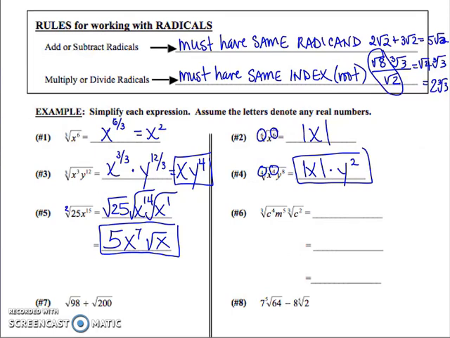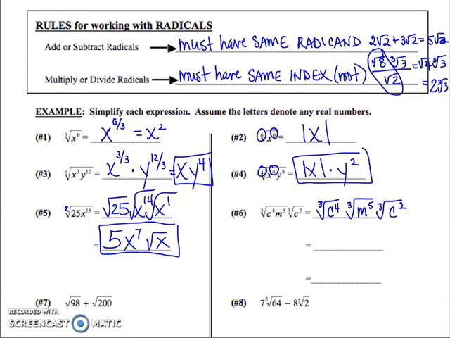So I'm going to say, okay, I've got the cube root of c to the 4th, I've got the cube root of m to the 5th, and I've got the cube root of c squared. So I can combine those c's together, right? Because they are the same base and they are the same root. So I can say this is going to be the cube root of c to the 6th. And then I've got my cube root of m to the 5th.